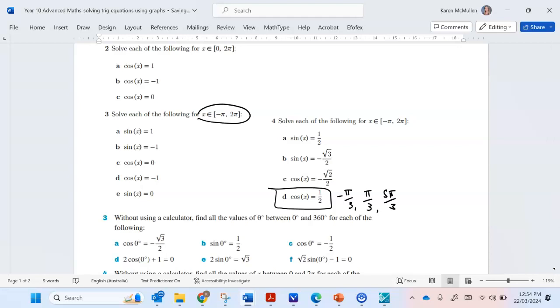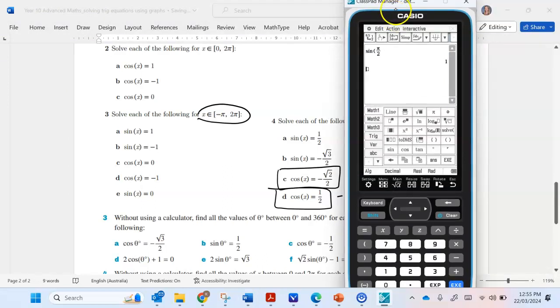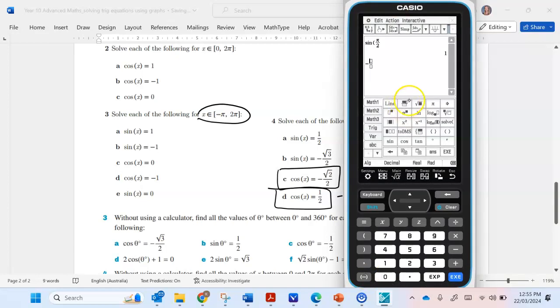Now some of them would be quite hard to see. So if I was to do the next one up, cos x equals negative root 2 on 2, you might actually have to put that onto your calculator. So negative root 2.